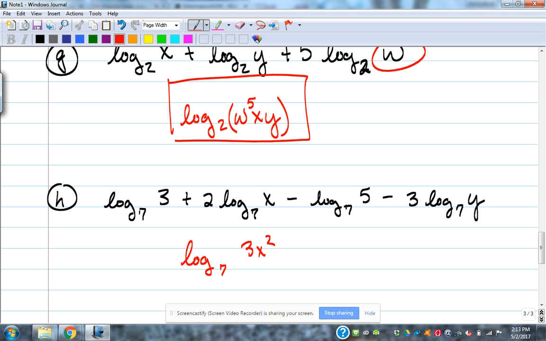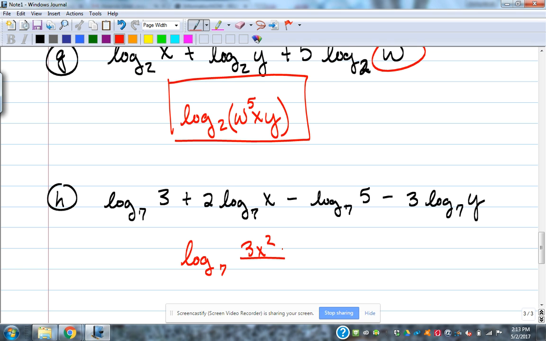Both of these are subtracted. So that means both of them are going to go where? In the bottom, the denominator of the fraction that we create here. Think about where does a negative exponent end up? In the bottom most of the time, right? That's how you fix it, is you move it to the bottom. So those are both negative, so they go to the bottom because they're what you're dividing by.